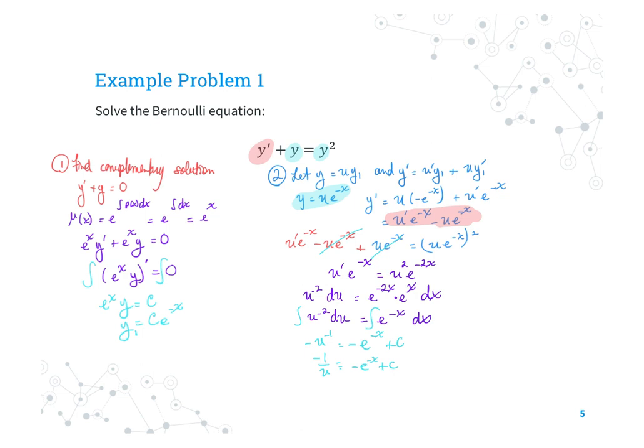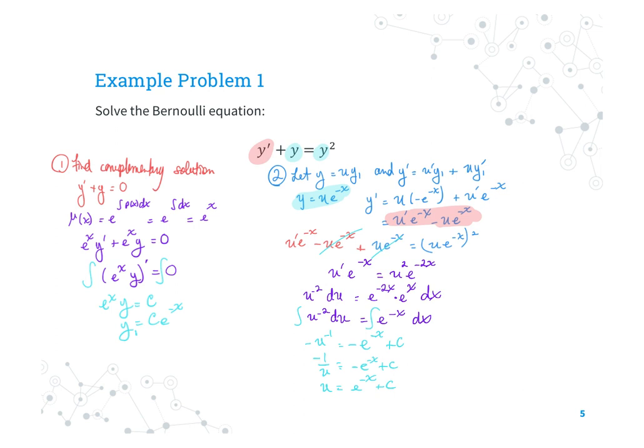So if we run the negative through, 1 over u equals e to the negative x plus c. The sign of c doesn't matter, so it doesn't matter if you write plus or minus c. We're just going to leave it all as plus, and then if c ends up being negative, it becomes a negative. So now we know what 1 over u is: it's e to the negative x plus c.